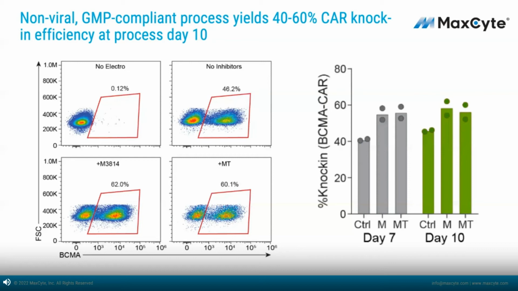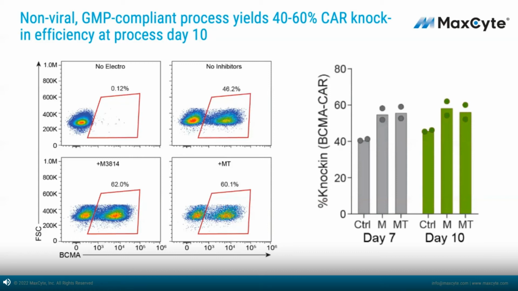We were able to improve upon that further by adding in either M3814 by itself or the MT combination, so M3814 plus TSA. And this allows us to achieve over 60% knock-in efficiency at day 10. And this 60% barrier is what many, many groups have struggled to reach, even at the small scale, because this is really comparable to a lentiviral approach.